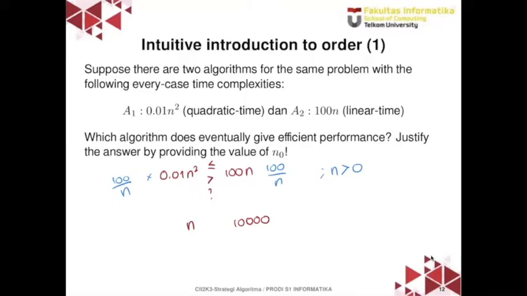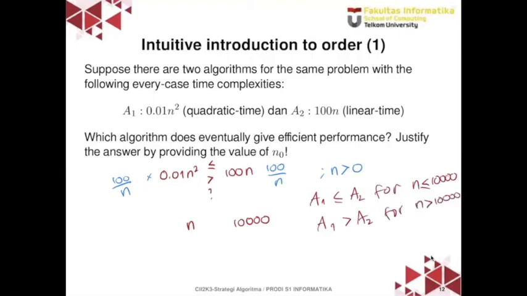So we can say that A1 is less than or equal to A2 for n less than 10,000, and A1 is more than A2 for n more than 10,000.